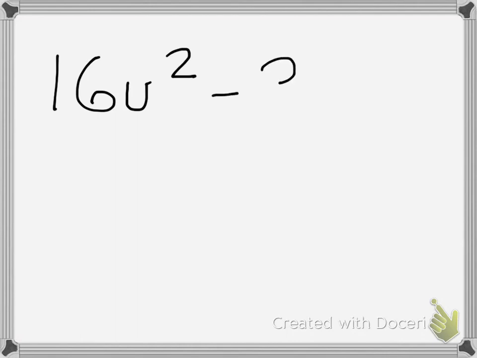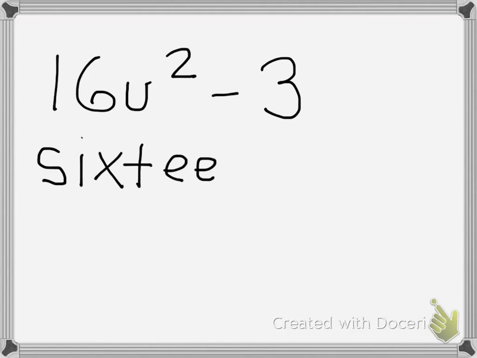To write a verbal expression for 16u squared minus 3, you're basically just going to write out the number and the letter and the symbol in words. So for example, "16" is written out in words.